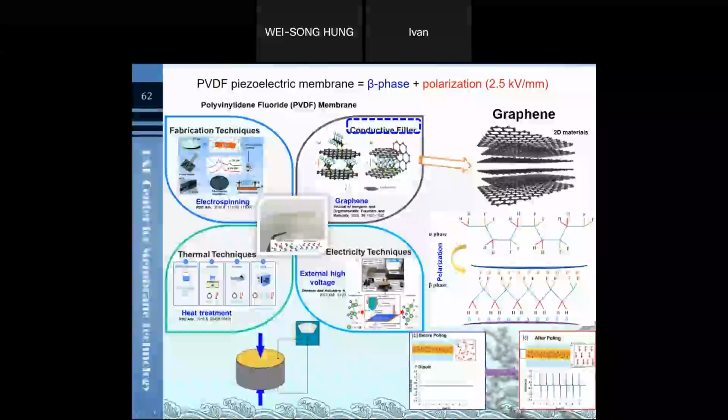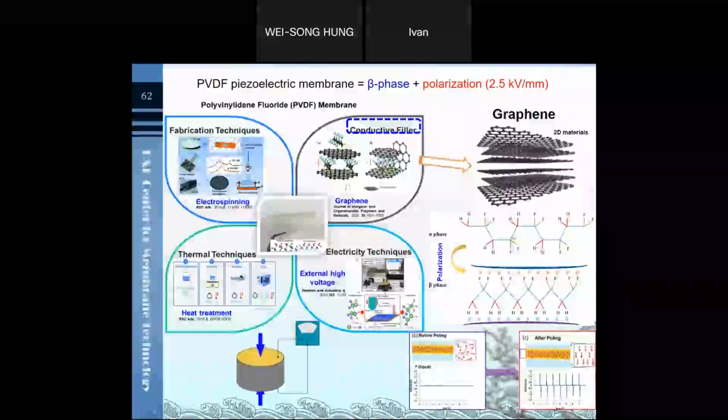Here, the piezoelectric property conventionally uses PVDF membranes, but the commercial PVDF membrane is in the alpha phase.